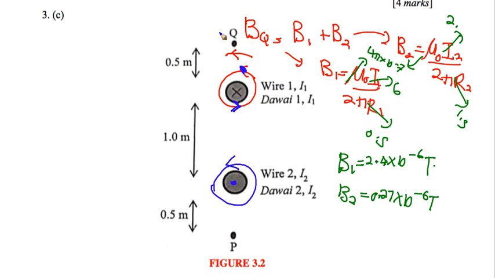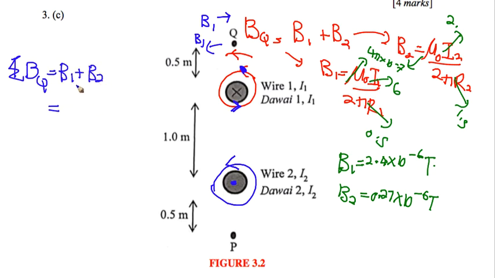So at the point Q, B1 is produced by the current into the page, so its direction is to the right, and B2 is to the left. The total B at the point Q is equal to B1 plus B2.